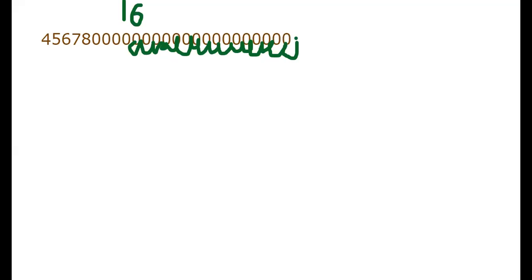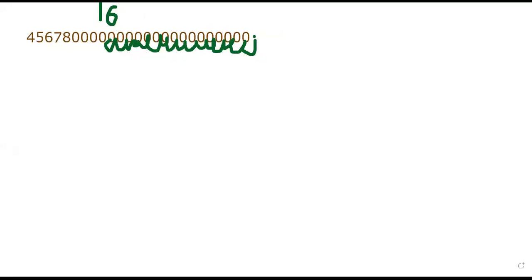We'll take jumps: 1, 2, 3, 4, 5, 6, 7, 8, 9, 10, 11, 12, 13, 14, 15, 16. I took 16 jumps and I got tired, I can't take more jumps.